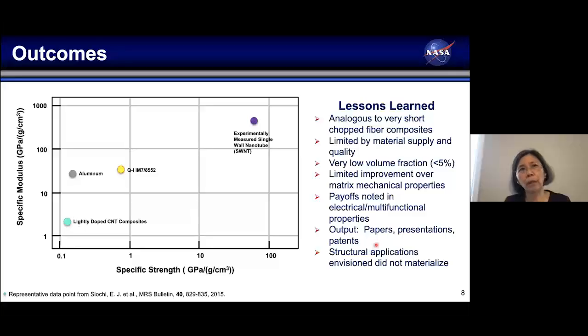I think there's one paper we had on how to disperse carbon nanotubes. It's probably got over 900 citations, which is not usual for us. So despite the attention and despite what we can claim as accomplishments at that time, if we're being honest, the structural applications that we envisioned did not materialize.